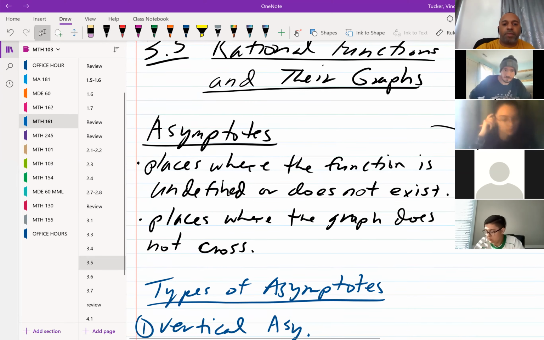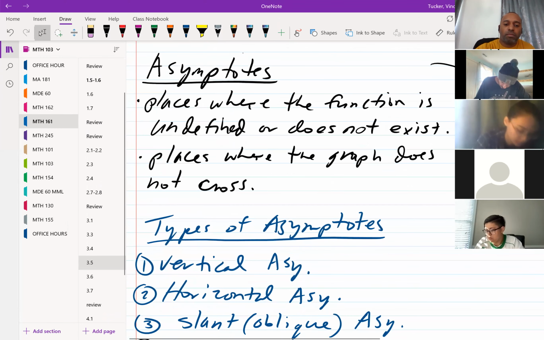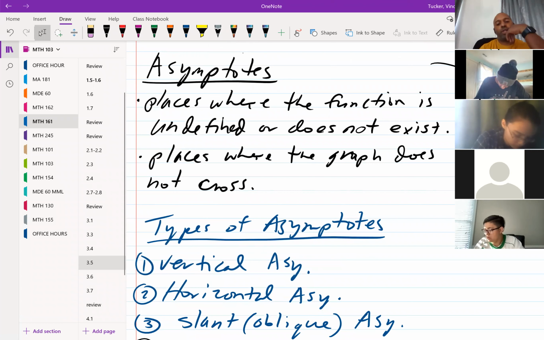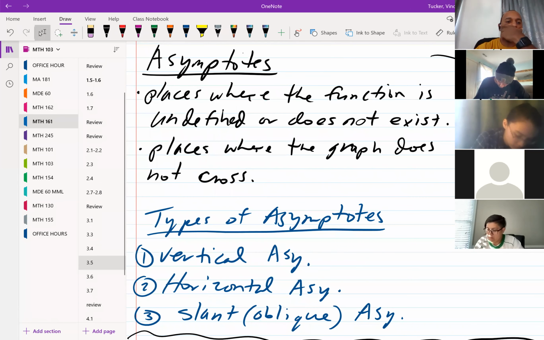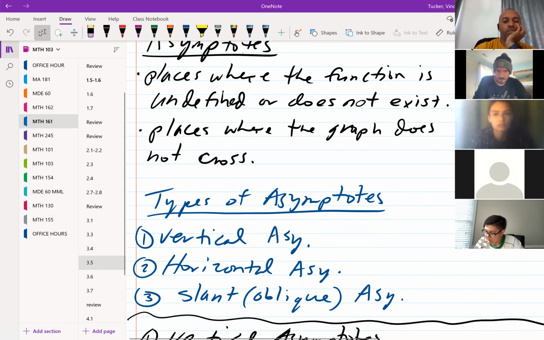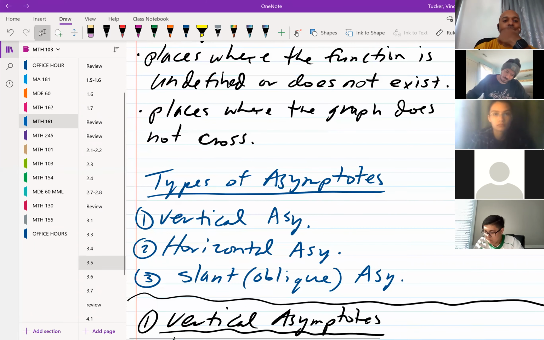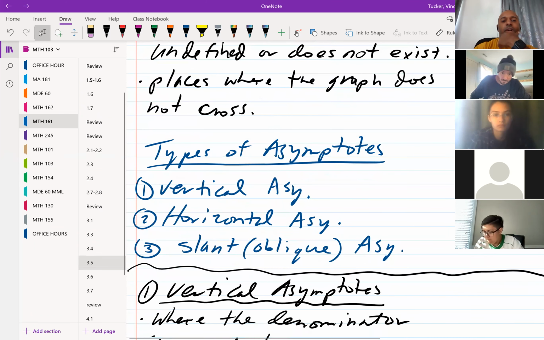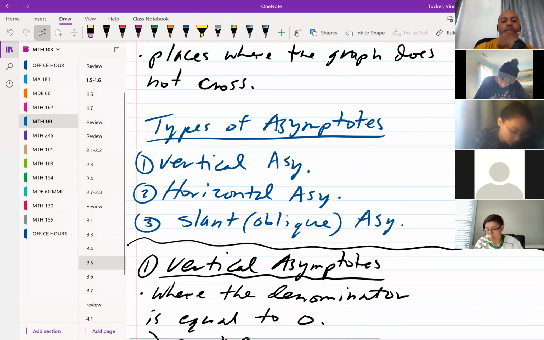We have three types of asymptotes: vertical, horizontal, and slant. Some books call them oblique, but slant asymptotes and oblique asymptotes are the same thing. All right, so let's look at finding the first type discussed, the vertical asymptote.